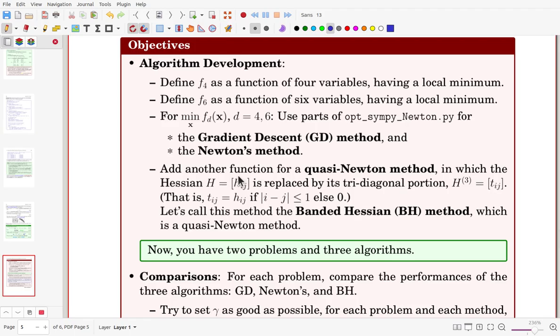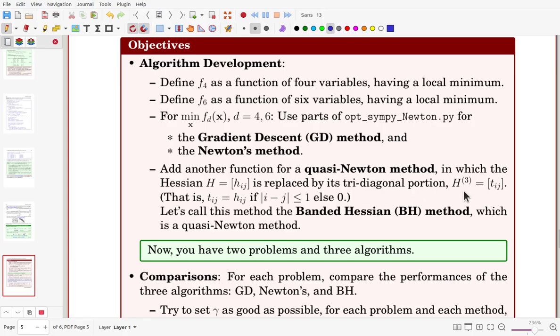Now we consider another method, and you have to implement another function for a quasi-Newton method in which the Hessian is replaced by its tridiagonal portion, so only part of the information of the Hessian will be used.